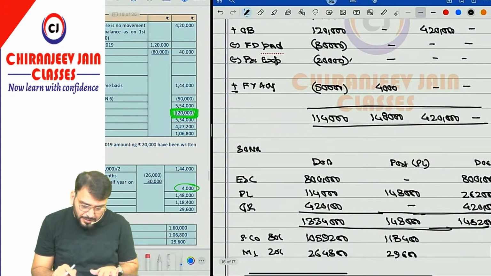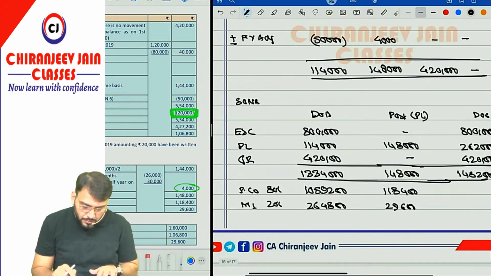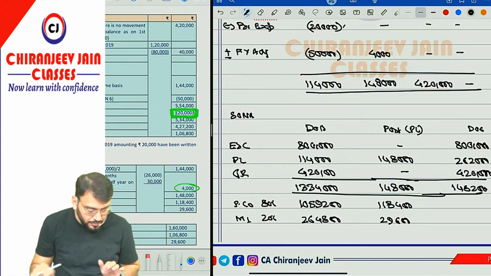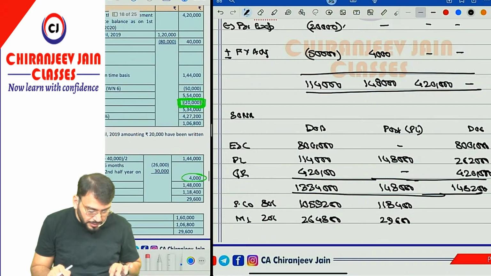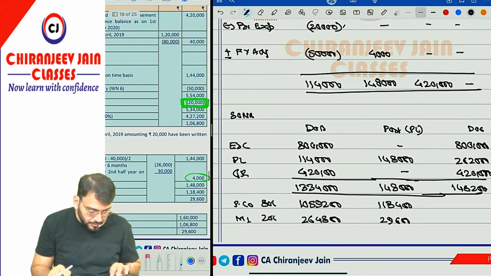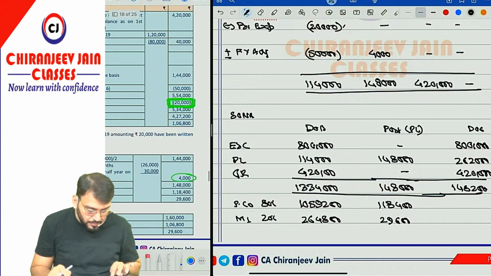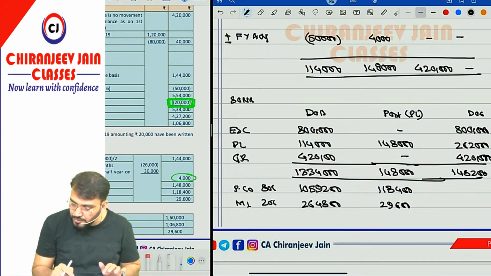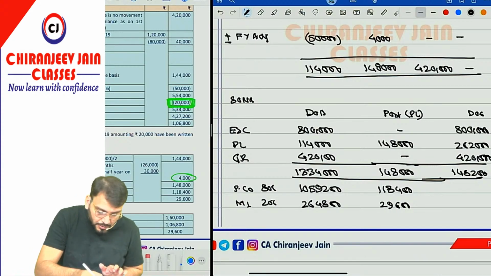We have done correctly, then the allocation is wrong. What mistake? 8 lakh plus 1,14,000 plus 4 lakh 20,000, that is 13 lakh 34,000. Correct only. So into 80% how much? Oh, what am I doing?